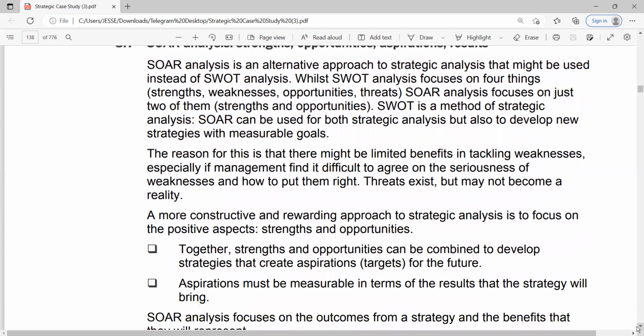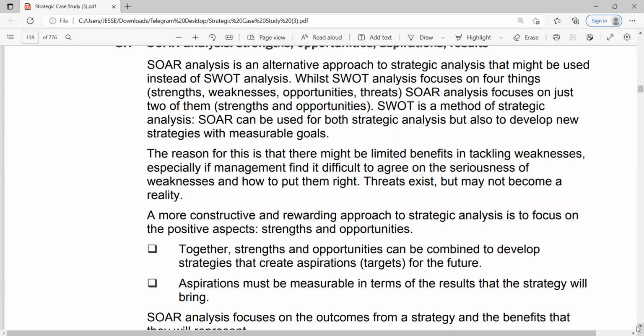The whole idea of the SOAR analysis is that there might be limited benefits in tackling weaknesses. So you might as well not focus too much on it. And also threats may exist, but they may not materialize. So SOAR analysis is focusing on the positive aspects.